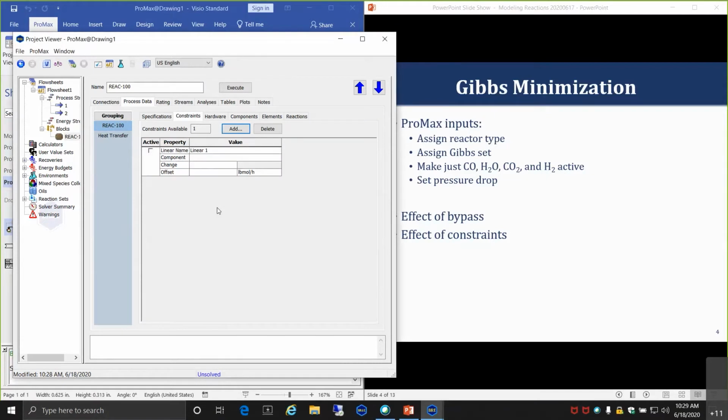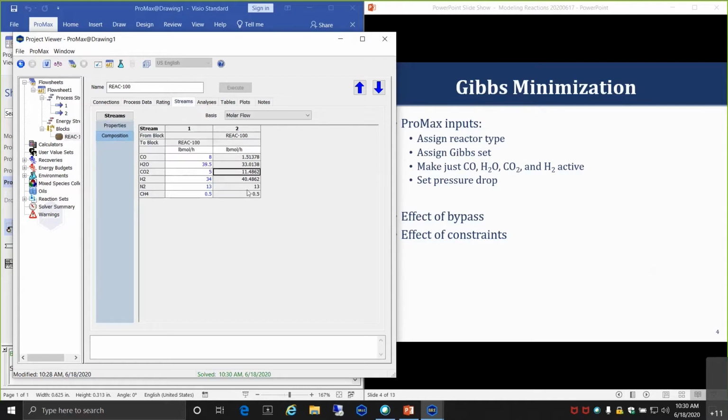The linear constraint basically defines, given a certain amount of material on the inlet, the amount that will be coming out. So if I have 1 mole coming in, I can have this constraint determine how much should be coming out. It also allows me to define exactly how much should be coming out. So for instance, let's take a look and see how much CO2 is coming out.